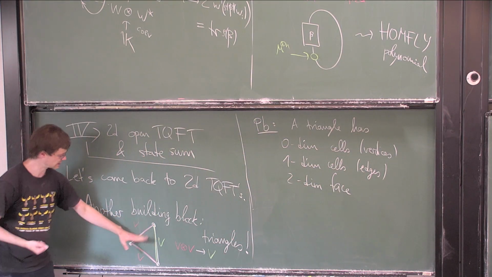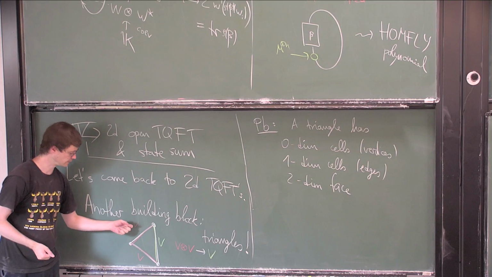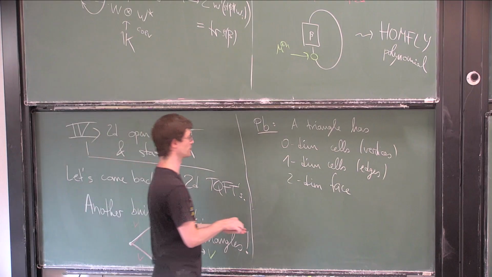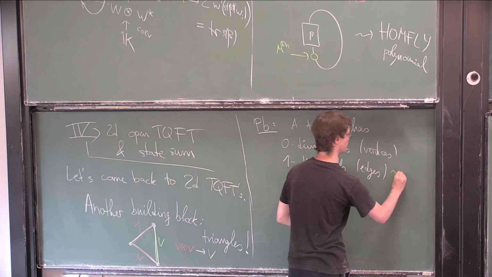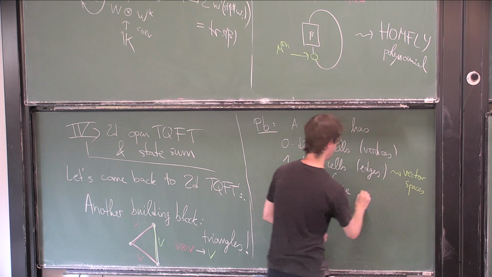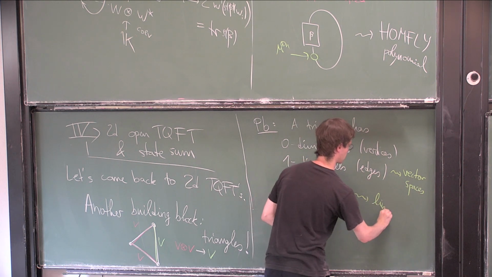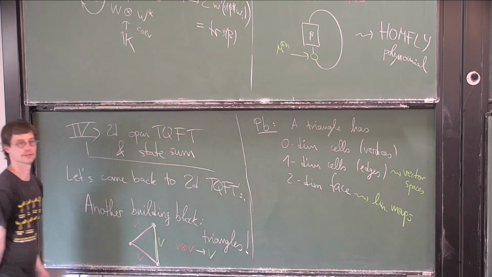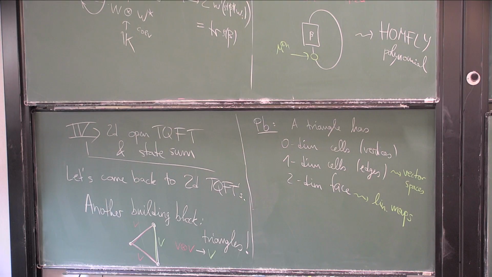So what I wrote here is that I want to associate vector spaces to edges. So I'm in the 2D setting. The TQFT will associate vector spaces here. It will associate linear maps here. Well, what should we do with the points?